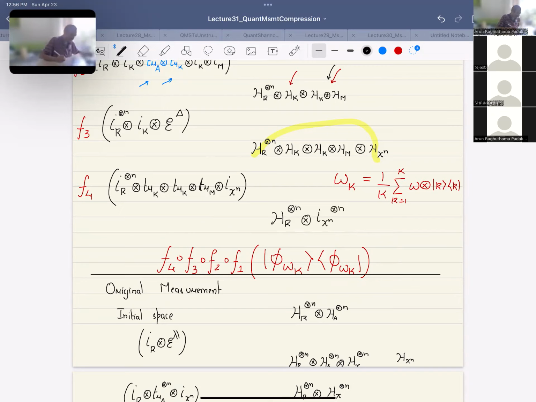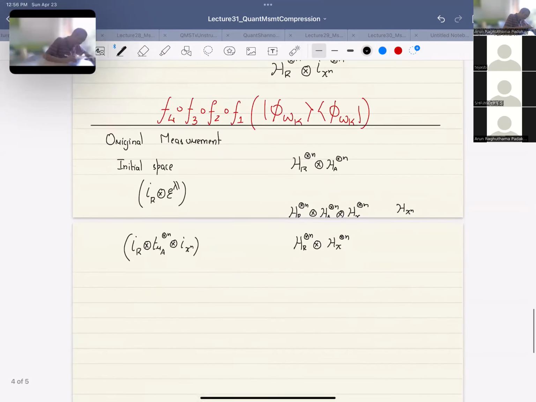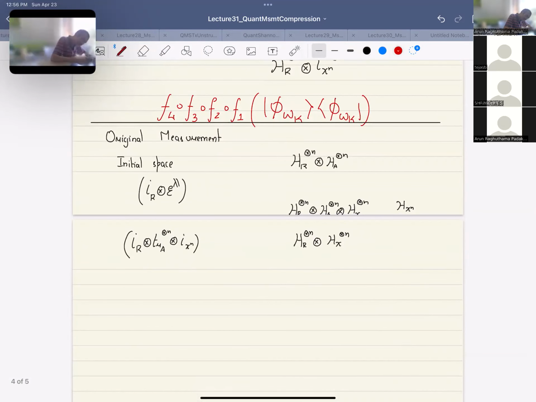So now I'm in a position to compare with the original thing that I got, right? So what am I doing? Let us call this E map E1, and let's call this E2.